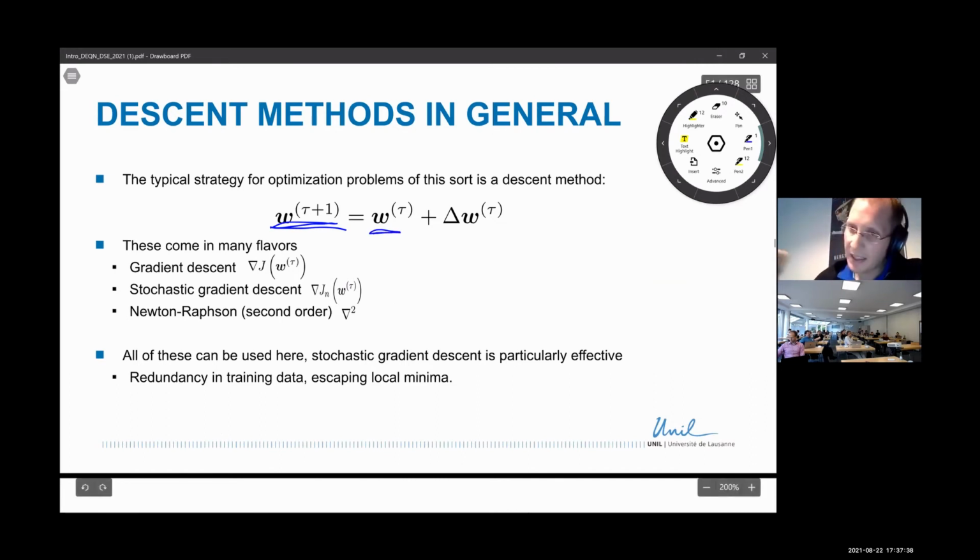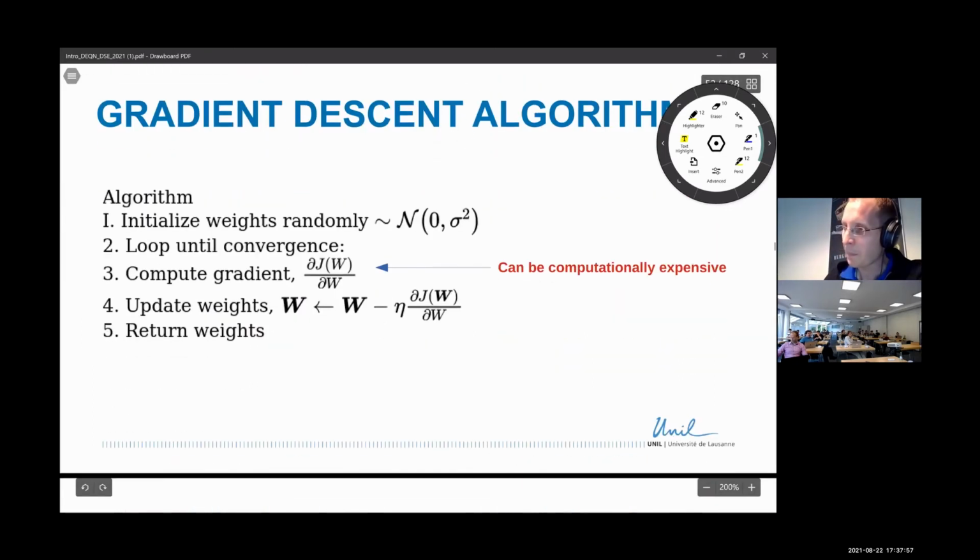Then to update them, you take the old parameter, make a little change in the parameter, and proceed until this change is zero, so W at tau plus 1 minus W at tau is roughly zero. This is called the learning in this game.